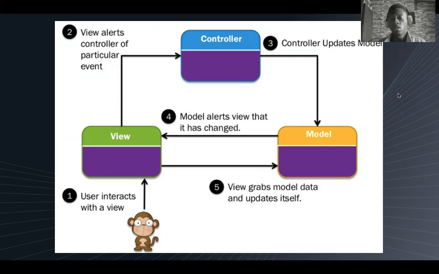So when you log in, the controller alerts the model that someone is logging in, updates that accordingly, and then returns the information back to the view. And sometimes the view can actually interact with data directly, by updating and by viewing some of the data. That also works.